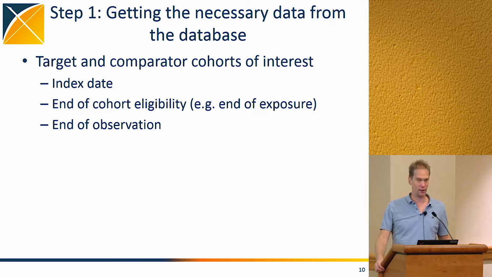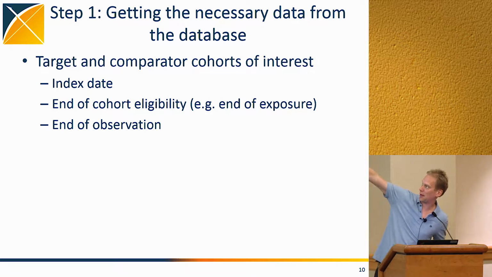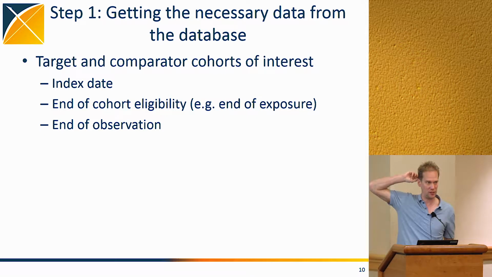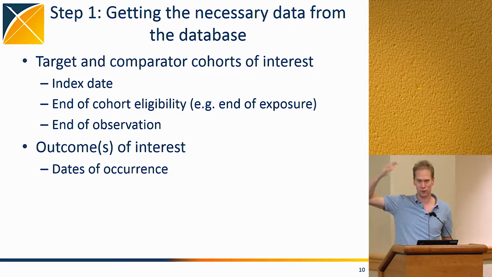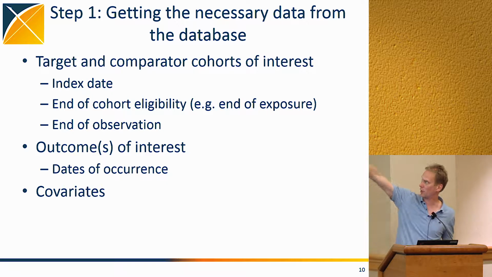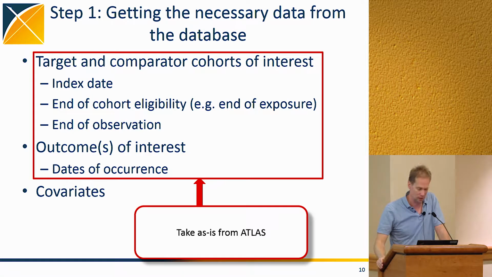I also provided the settings of which covariates to construct. And at the top, you'll see I need to provide connection details, which basically tells it how to connect to the database, like the server name, your username, and your password. And you need to tell it which schema holds your CDM data.